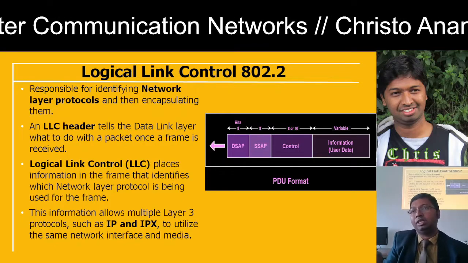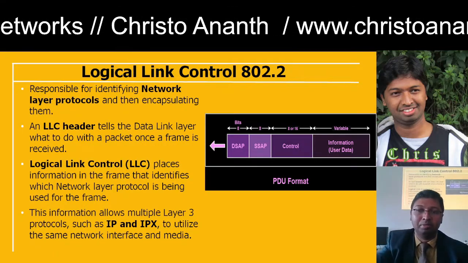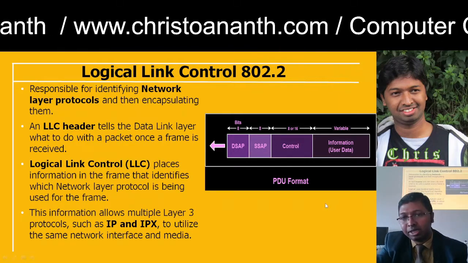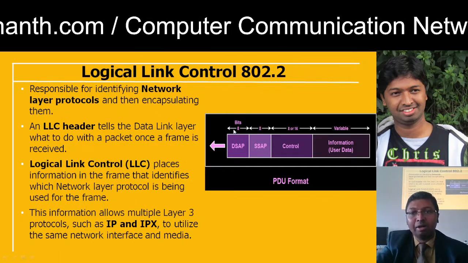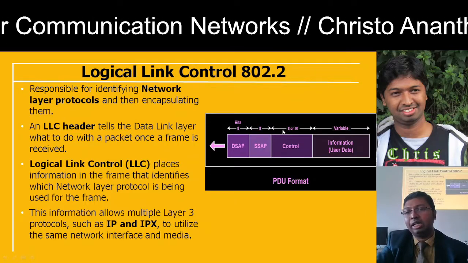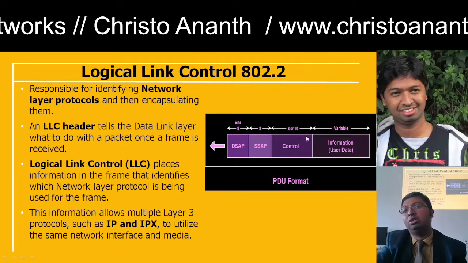Here you have two standards, one is internet protocol IP and then the IPX standard. This is the protocol data unit format. You have DSAP, SSAP, control, and information as well. You have several bits associated, 8 bits, 8 bits. Here the length is actually 8 or maybe 16 bits. And then the information is variable.